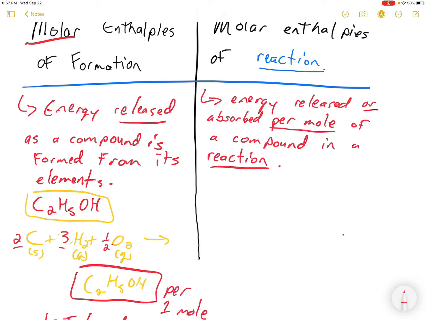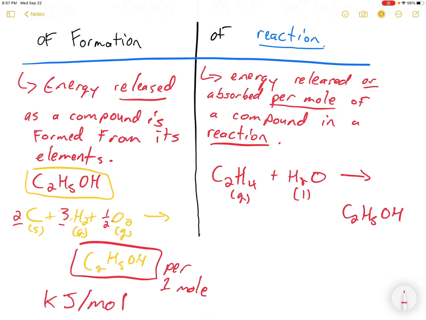Now, one way that we can make ethanol is through a hydrolysis addition reaction of an alkene. So we can go C2H4 gas plus H2O, and this could be liquid or gas, would give us C2H5OH.